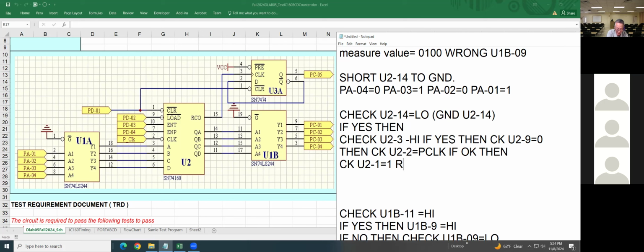Finally, you say, okay, the IC is bad. That means remove and replace. Remember, in the company, they say remove and replace. So that's why they're using R and R.